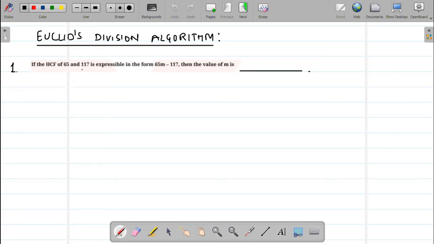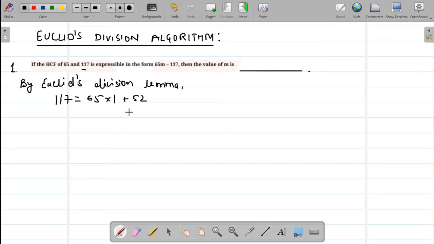So 117 is the bigger one, so we start with 117 is equal to, by Euclid's division lemma, 65 multiplied by 1, and if I subtract it I'll get 52 as remainder here. It's a normal division algorithm thing.